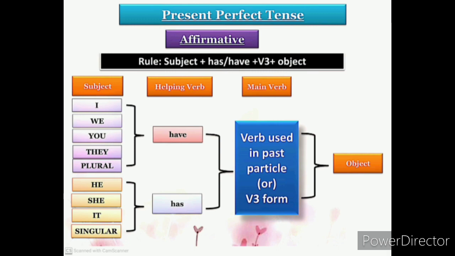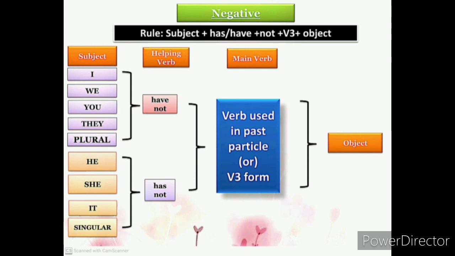Next is negative sentence. So the rule of negative sentence is subject plus has or have plus not plus verb third form plus object. So with subject I, we, you, they and plural we use have, then not, then verb third form and then object.